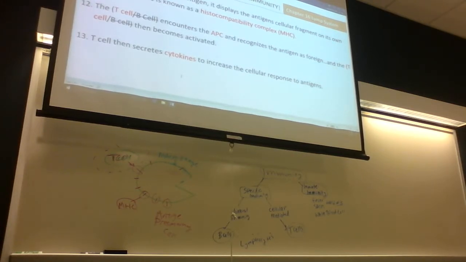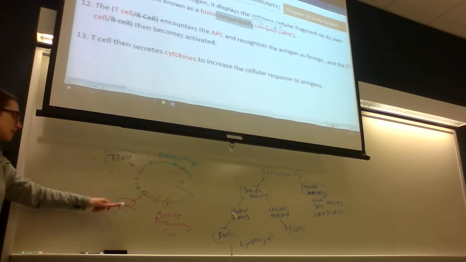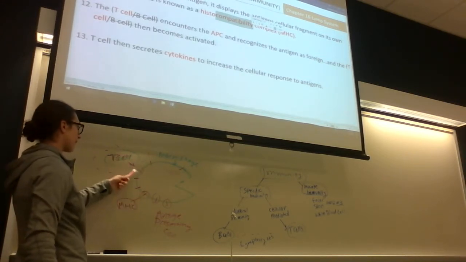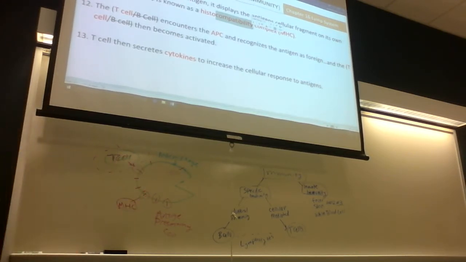So histo, I believe, means tissue or something, but basically compatibility. So it is compatible. This complex, this area, is compatible with the immunity. So the immunity can work, is basically what it's saying.